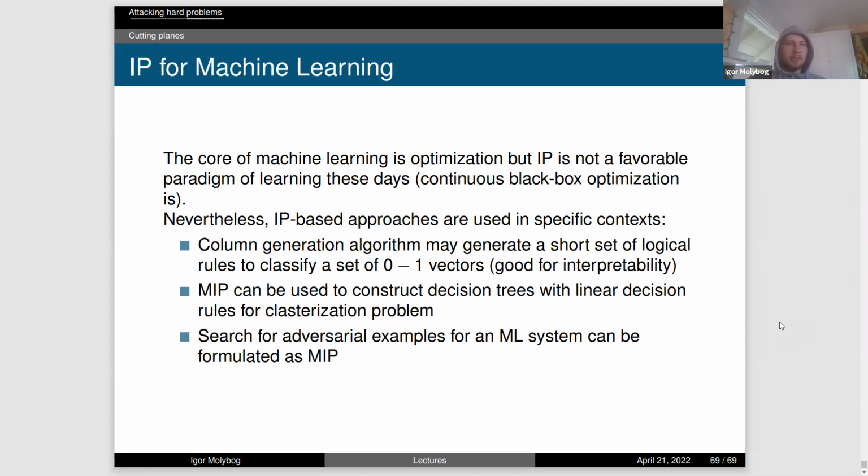Problems like that have been studied for a while now, and there are interesting directions of research in this area. This direction asks how to use IP methods in order to learn models for some other applications. So it's a different angle from which you can enter both the topics of IP and machine learning.